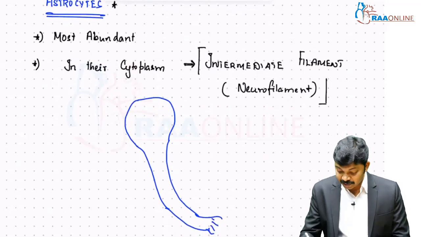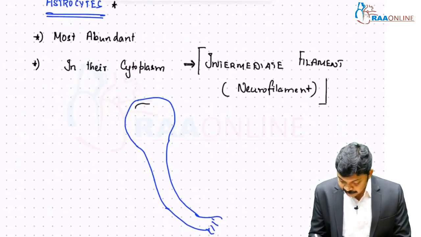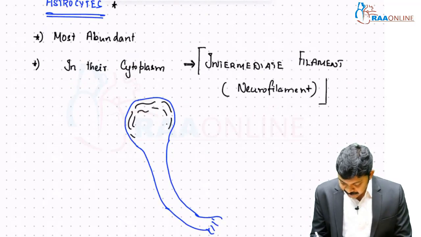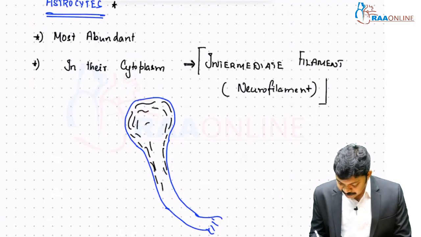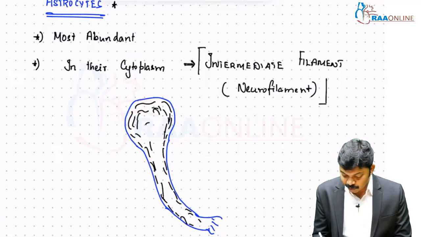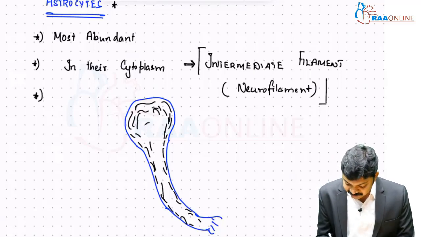Within these astrocytes, these neurofilaments are going to be arranged in such a manner that it practically makes the cell membrane become very, very stiff. The flexibility is gone, it will not be flaccid, it will be tense, more or less stiff and rigid, guys. So the presence of intermediate filaments is going to confer a kind of stiffness to the astrocytes.